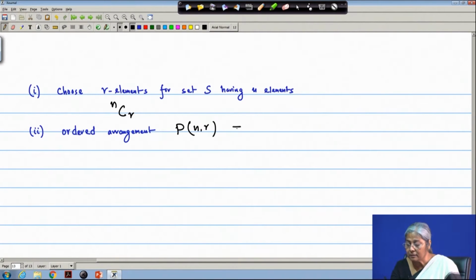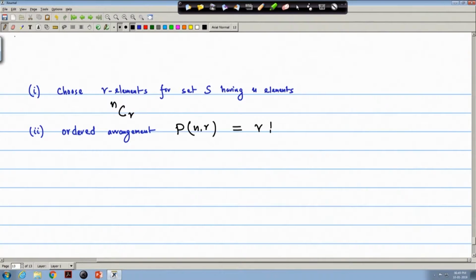Now, here this PNR is R factorial, or sorry, PRR is R factorial.